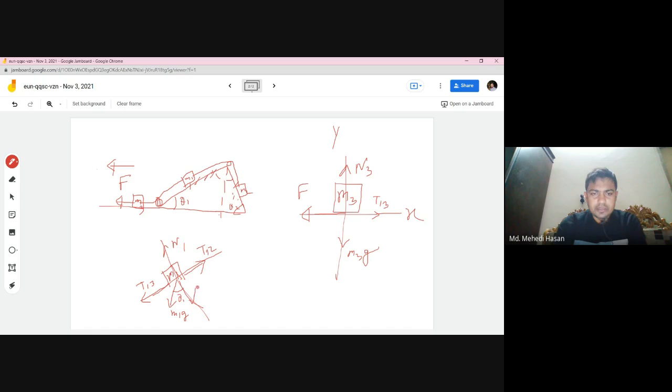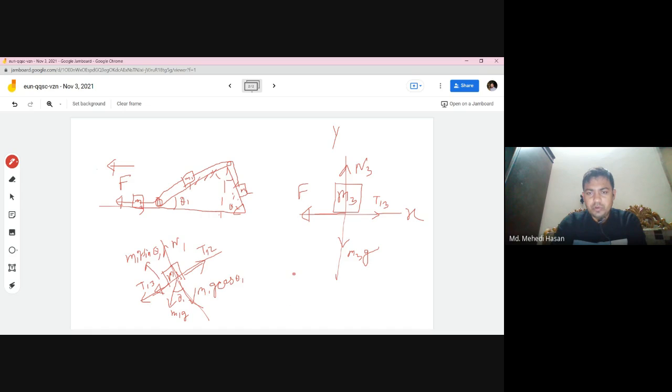Along that direction is M1G cos theta 1, and along the downward direction will be M1G sin theta 1. Okay, sin theta 1. This is frictionless, we are considering frictionless.